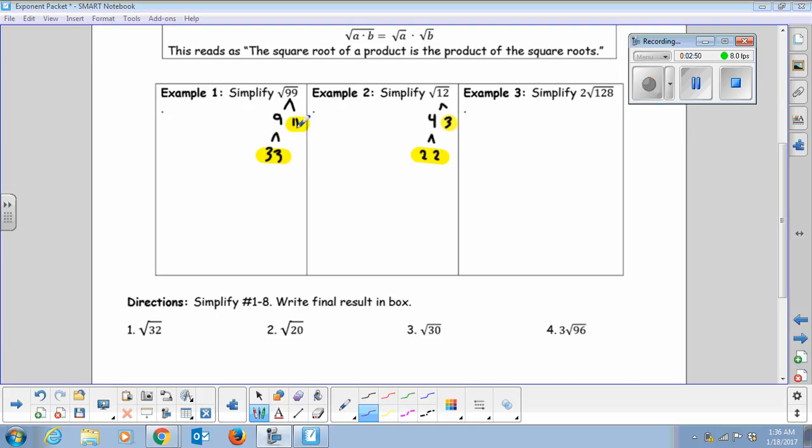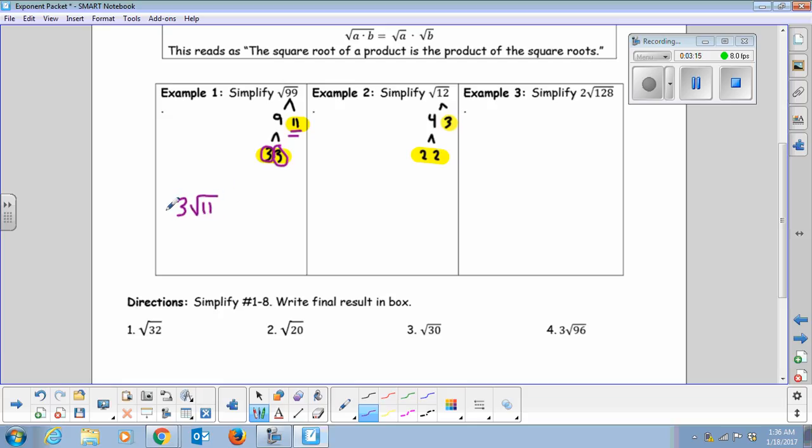After you have done that, anything that we highlighted, you want to look for two numbers that are the same. So in this case, we have 3 and 3. So when I have two numbers that repeat, I can bring it outside of the little radical symbol. 11 is by itself. It does not have a pair, so that stays inside.